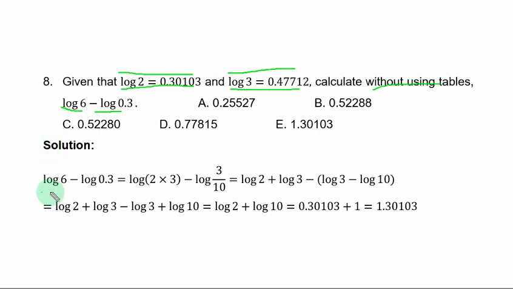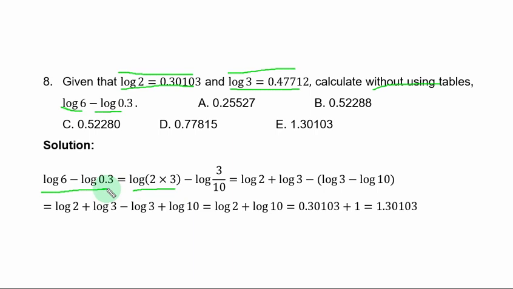Now, this is the given expression. In terms of 2 and 3, you can express log 6 to be log 3 times 2. You should know that the base is 10. When no base is given, you assume the common base of 10.